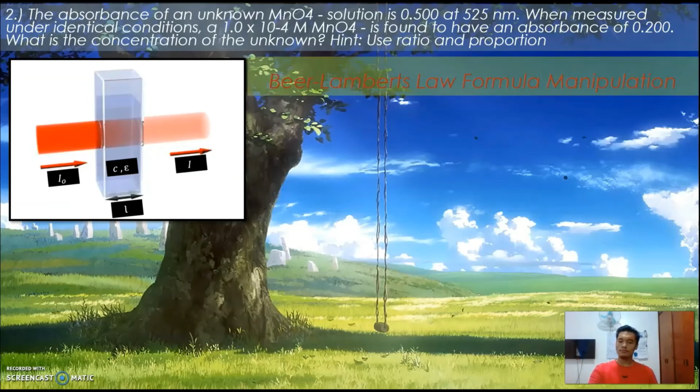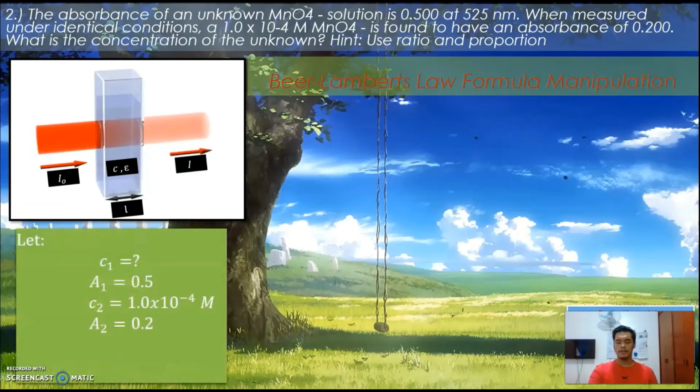So first, we need to manipulate Beer-Lambert's law, and we need to know the relationship between absorbance and concentration. So, let us assign our variables. We were given an absorbance of 0.5, a concentration of 1 times 10 to the negative 4, and the absorbance of that concentration is 0.2.